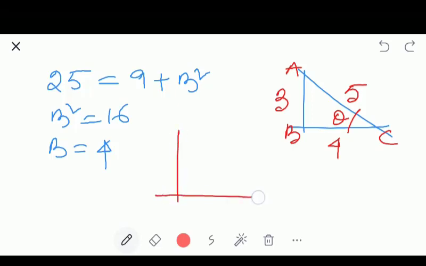Because if you are taking theta at point A, then the opposite side of the theta will be perpendicular. That means BC will be perpendicular and AB will be the base. Okay, therefore the trigonometric ratios will be affected if we change the angle, right?